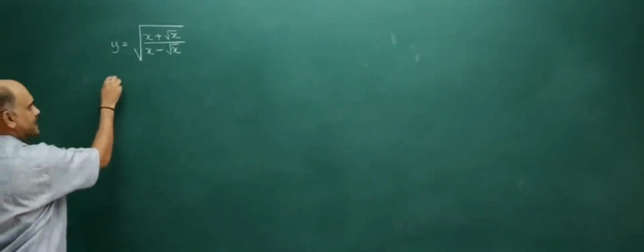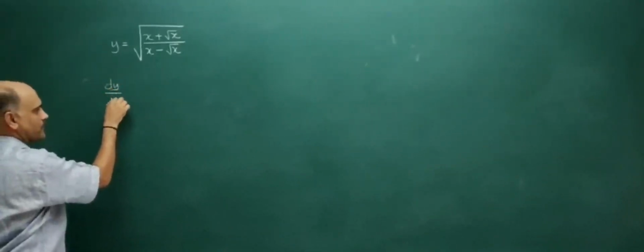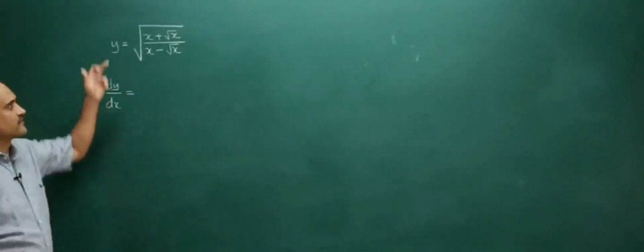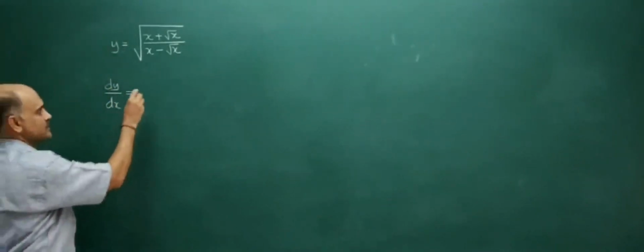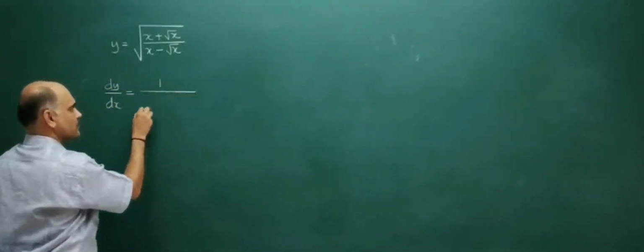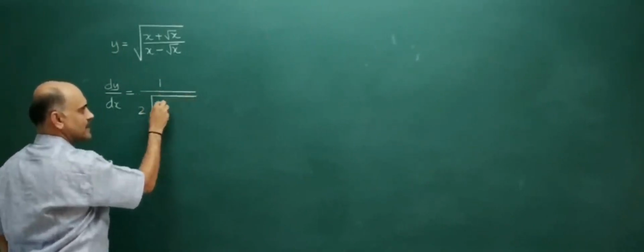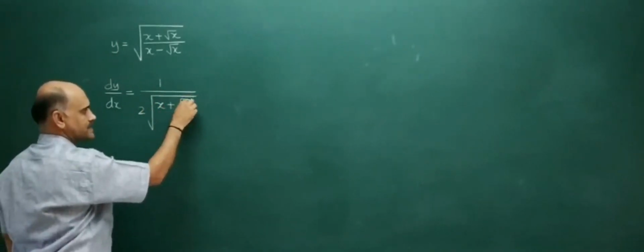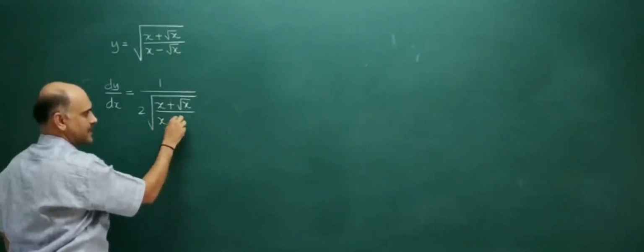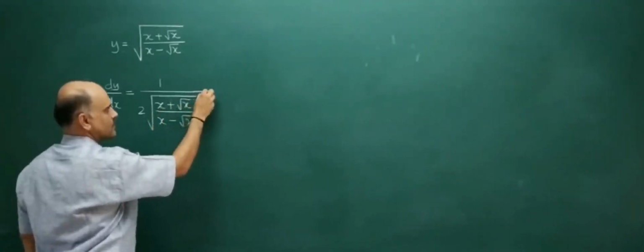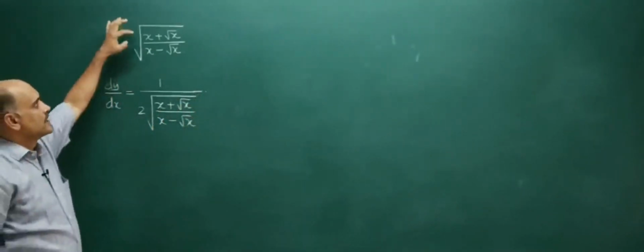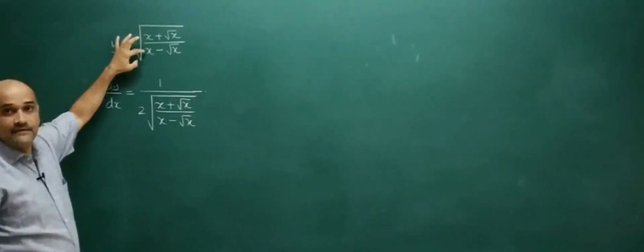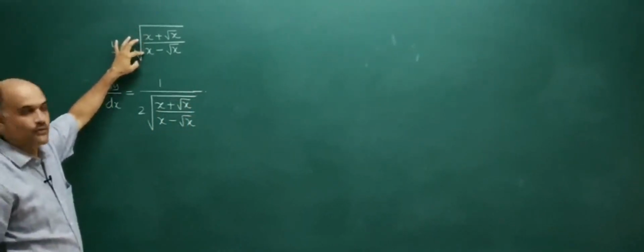So dy by dx will be equal to first differentiation of root. So 1 by 2 root of x plus root x divided by x minus root x into, now apply u by v.